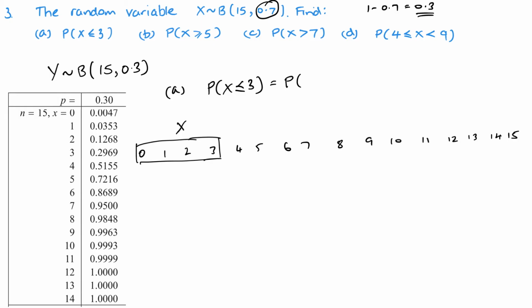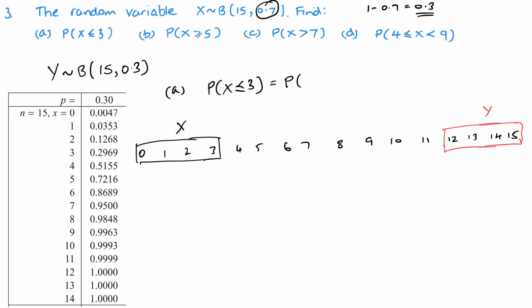Now, I'm going to write this in red, at the other end. So in Y, I'm looking at this end instead. Okay, so this would be my Y, which is the complete opposite. So instead of the first 4 values, I want the last 4 values. You can see 1, 2, 3, 4, 1, 2, 3, 4.